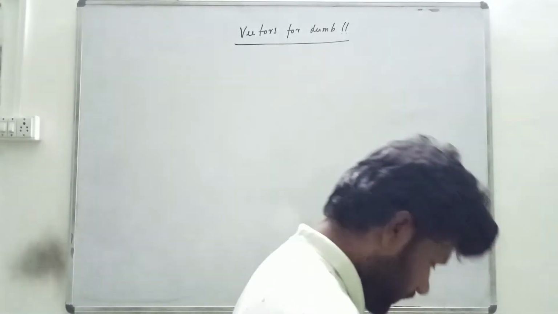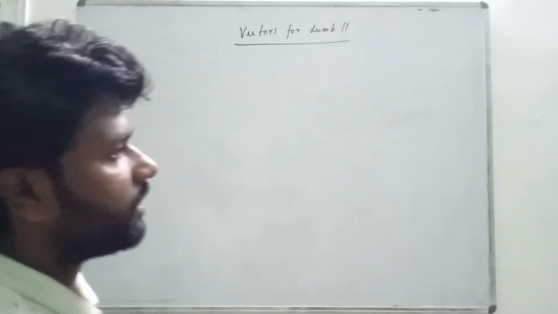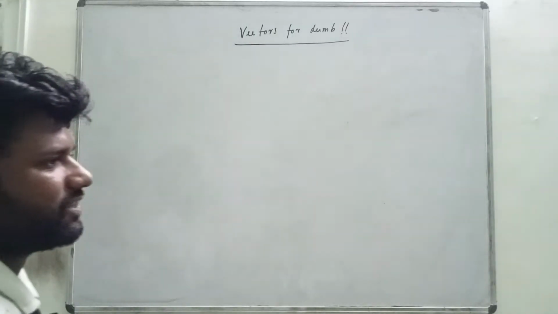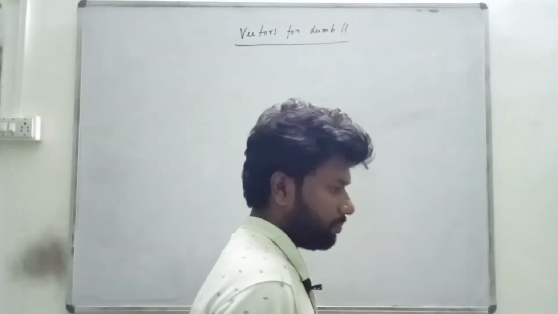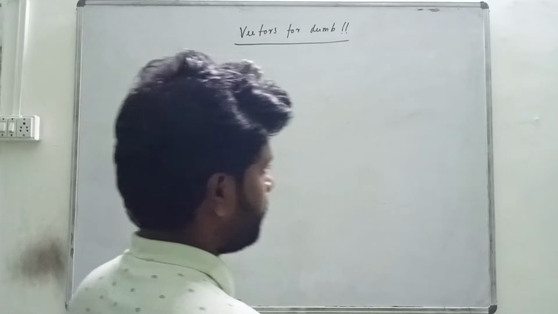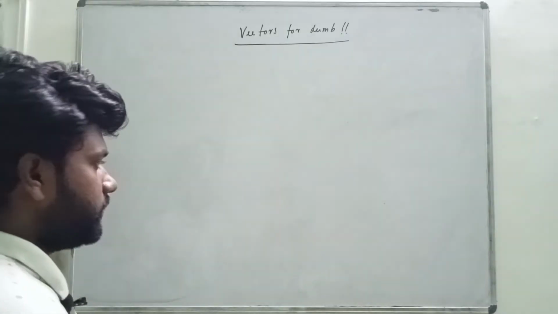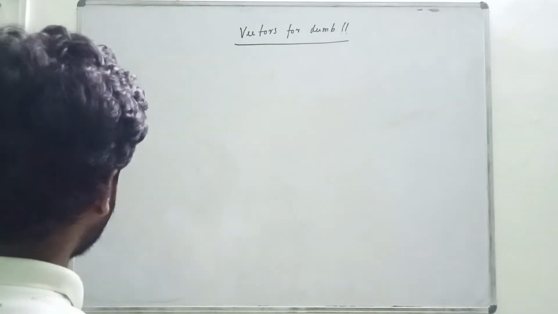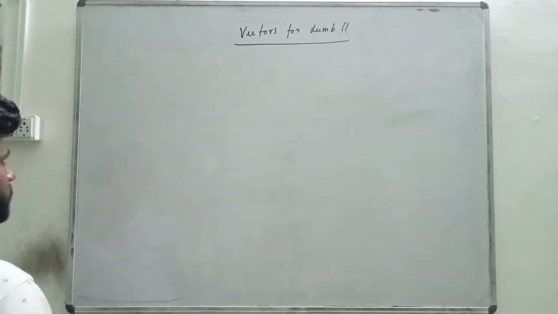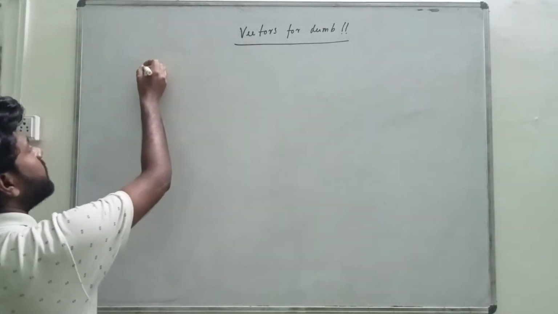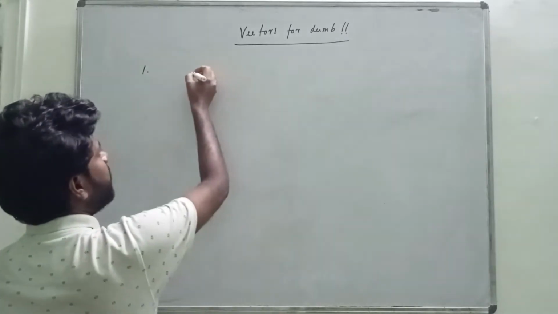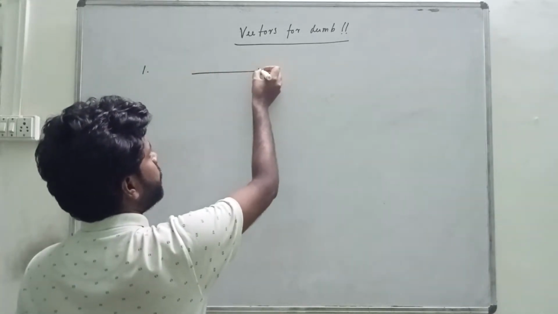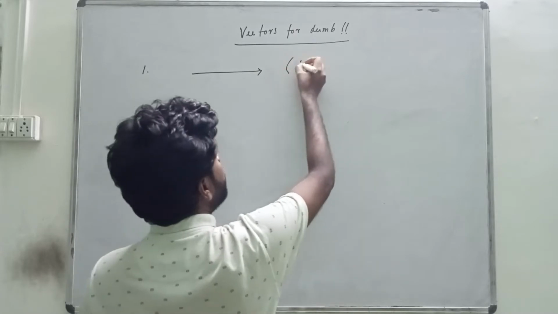series. Okay, so just recalling our part 1, I had just introduced to you some basic information of the vectors, right? So in geometrical representation of a vector, you can represent a vector like a straight line and an arrow.